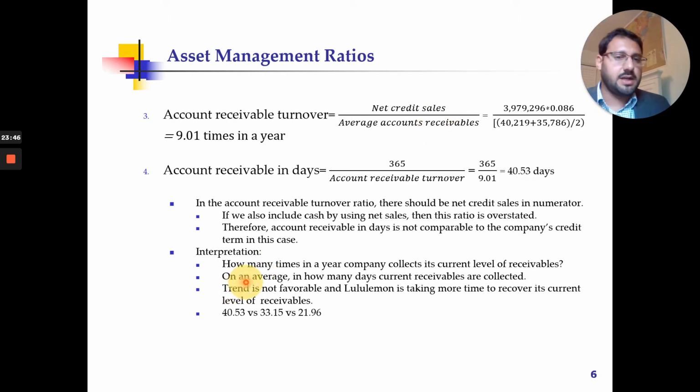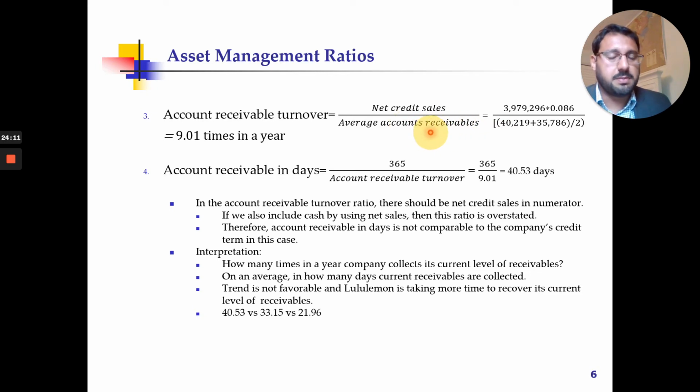And what is the interpretation? I just mentioned how many times in a year the company collects its current level of receivables, and the second one is telling me that it takes almost 41 days for Lululemon to collect its receivables from the customers with the current level of receivables.